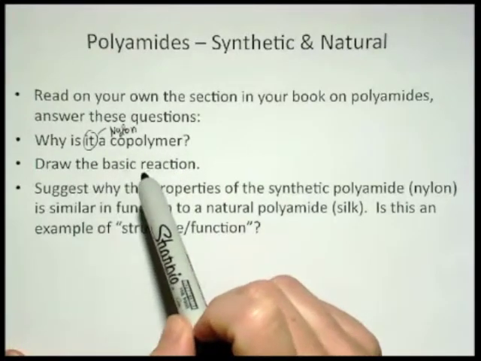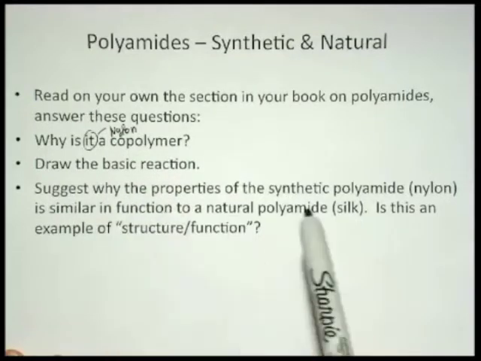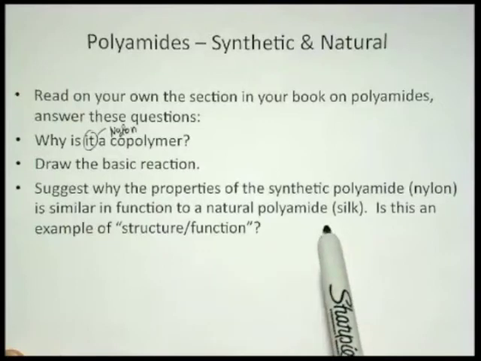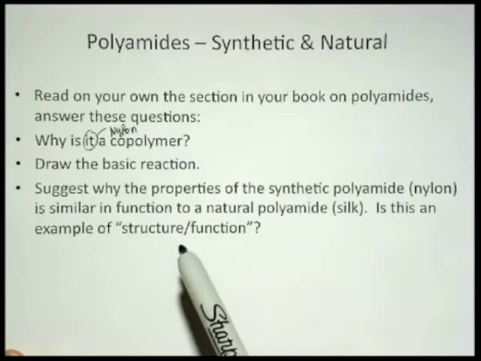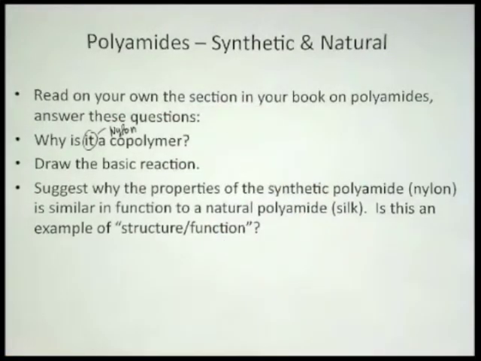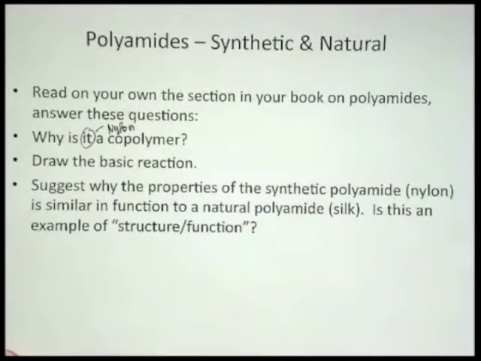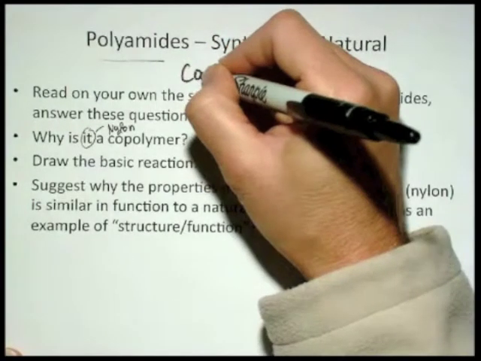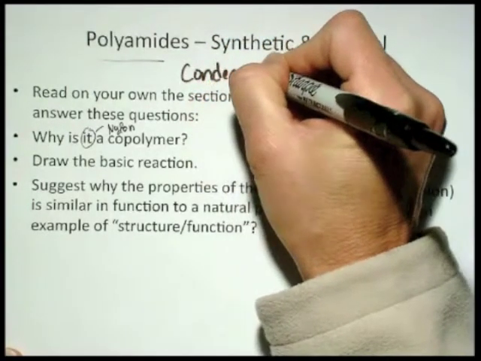Draw the basic reaction, and then suggest why the properties of synthetic polyamide nylon are similar to a natural polyamide, silk, and explain why that's an example of structure-function relationship. This is just to help guide your reading through the section on polyamides. I just want to point out that the formation of polyamide occurs by a condensation reaction as well.